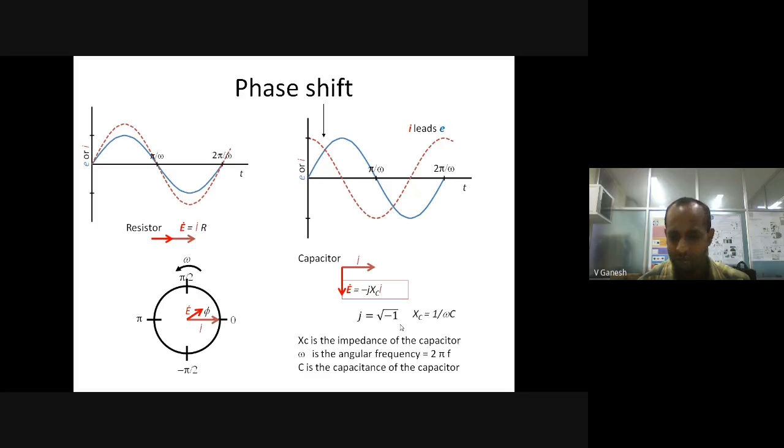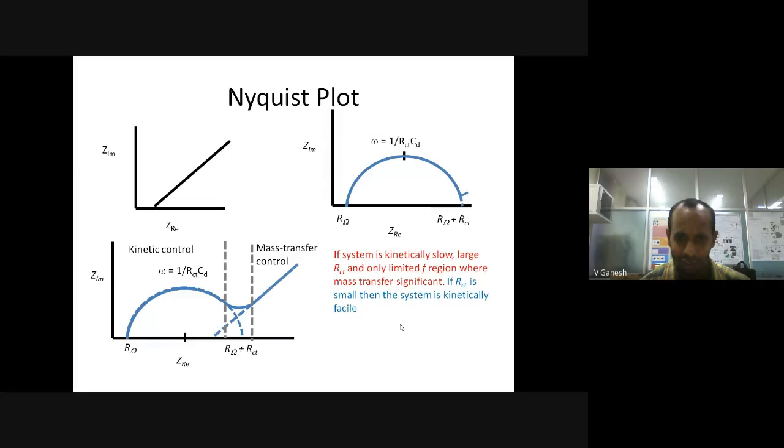Among the many different electrical circuit elements like resistor, capacitor, etc., the resistor is frequency independent. What do I mean by that? Whatever frequency you change, the resistance is not affected.